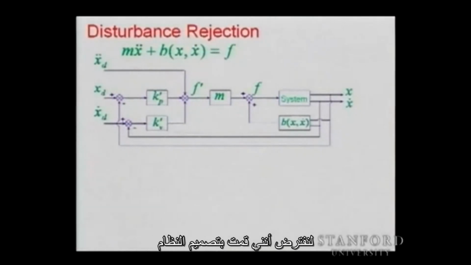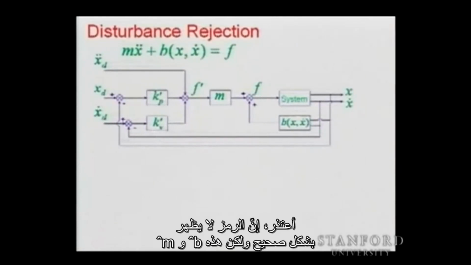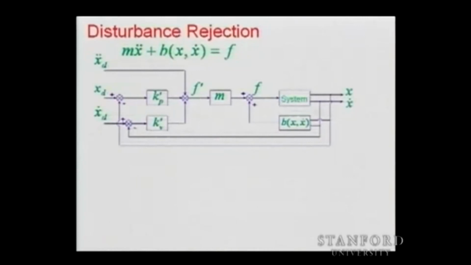So let's imagine that I designed the compensation with the B hat and M hat. I'm sorry, they are not appearing as hats. And I get everything over there. But then, now we are talking about the real system.